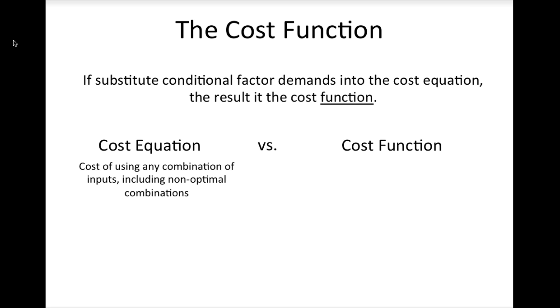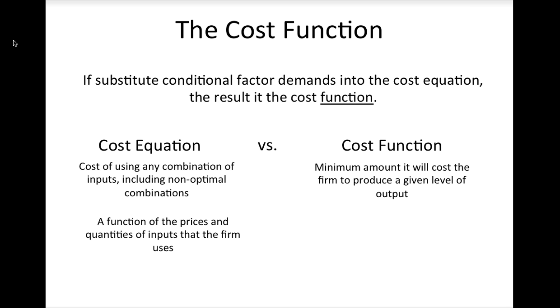The cost equation is a function of the prices and quantities of the inputs that the firm uses. The cost function tells you the minimum amount it will cost the firm to produce a given level of output. It is a function of the input prices that the firm has to pay and the level of output that the firm produces.